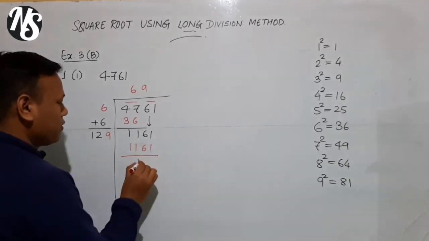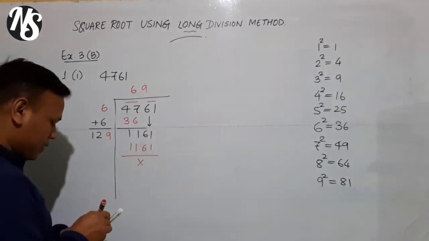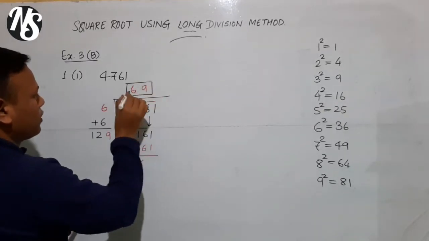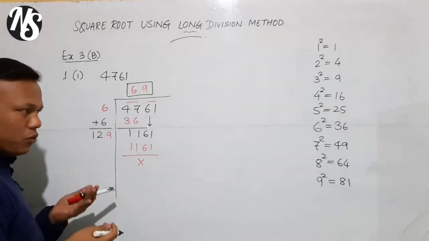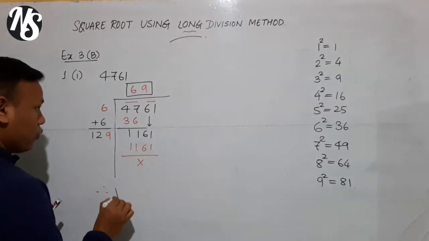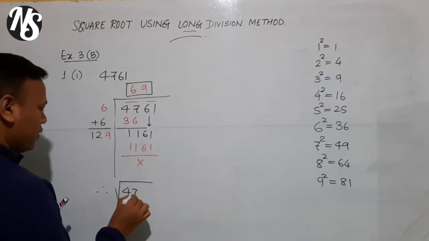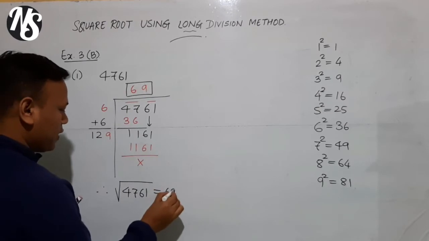When you subtract these two, you get nothing. So that means in this case the square root is this one. This might be a very new thing for you, but when you practice it, you will definitely get it. Therefore we say that the square root of 4761 is exactly 69.